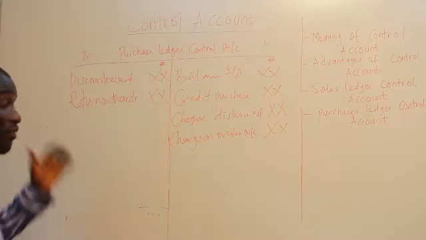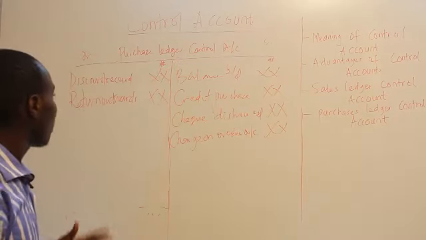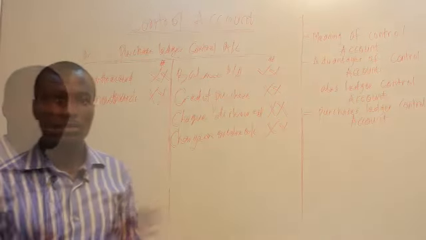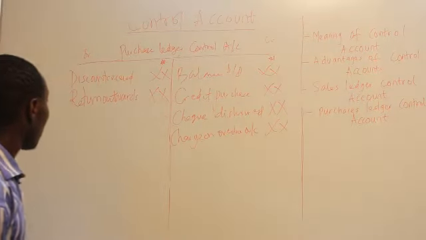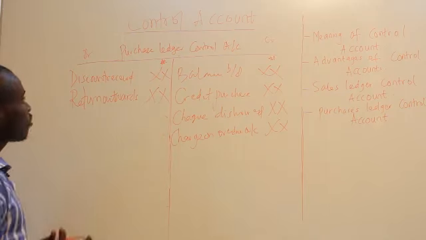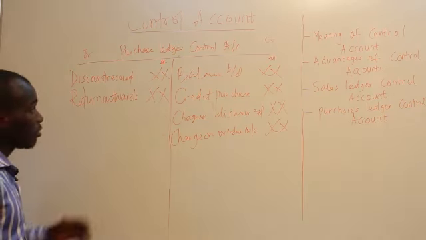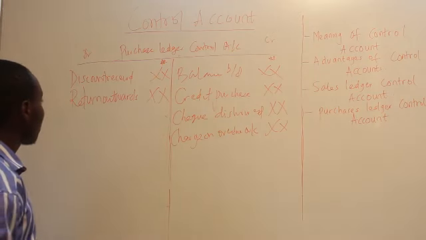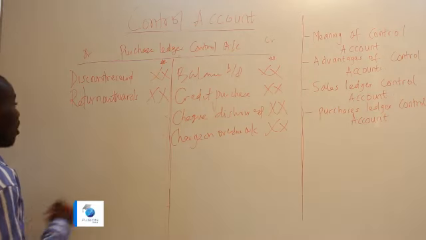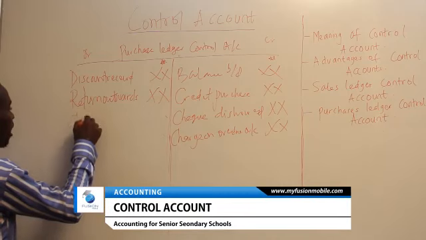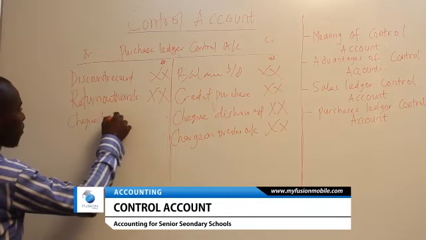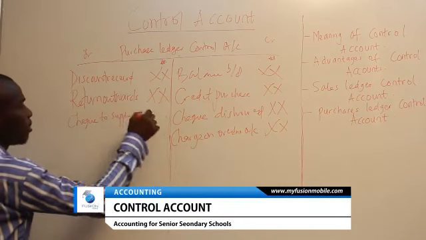We're not going to take that from each individual account. No. We're going to take that from the returns outward, which will be debited to the purchase ledger control account of the supplier, to deduct the total debts within the period. Now the next thing is cheques to suppliers.